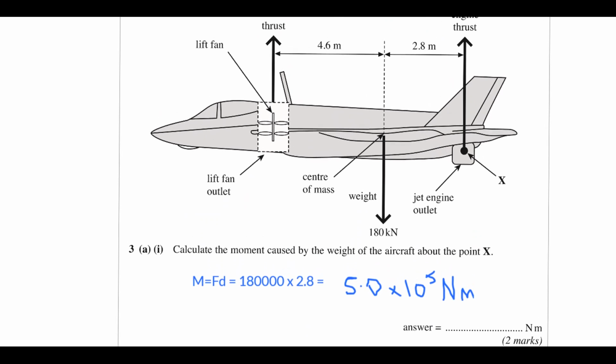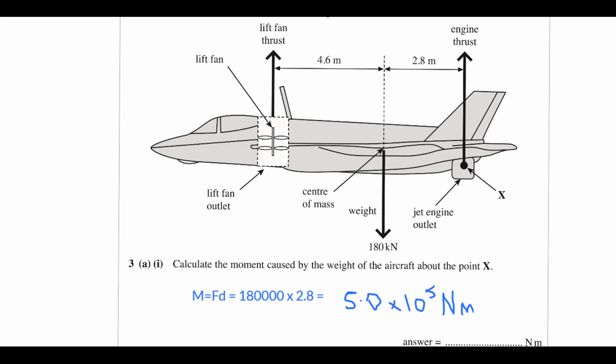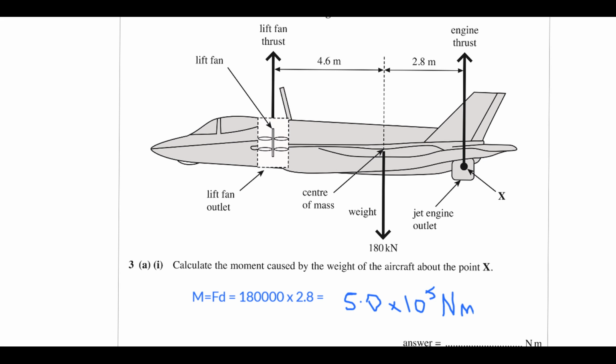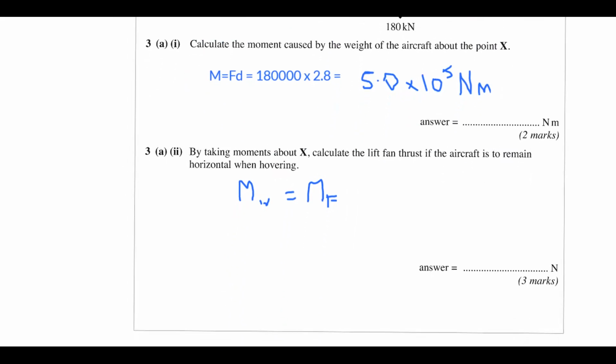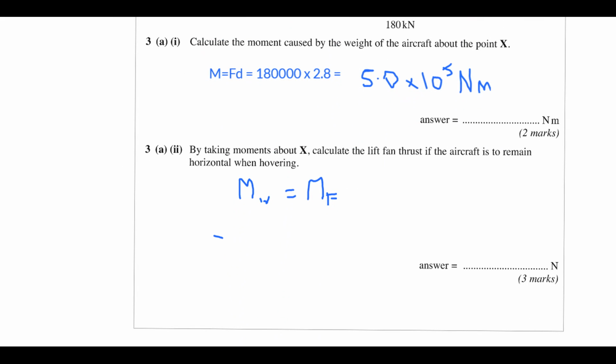So if we go up, the fan is a distance of 4.6 plus 2.8, so that's 7.4. That means the force from the fan must equal the moment of the weight force divided by the distance of the fan from X. So we've got 504,000.